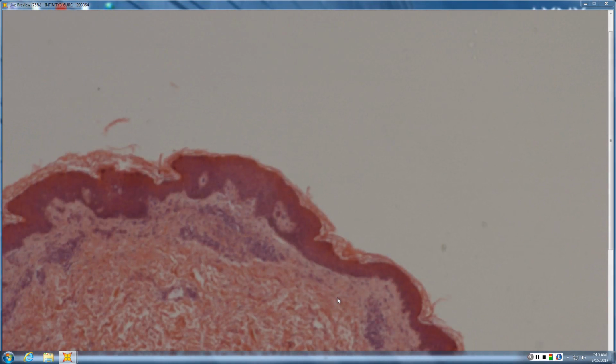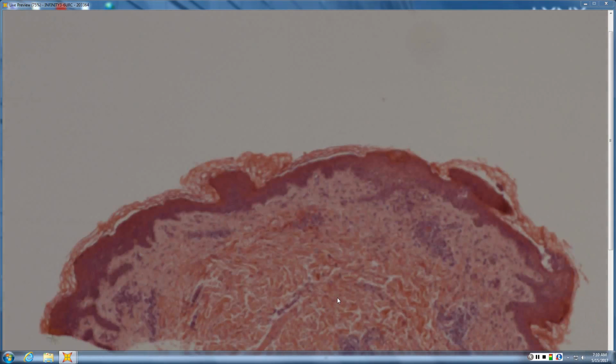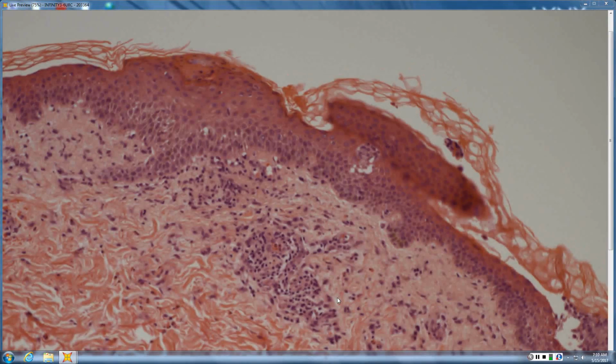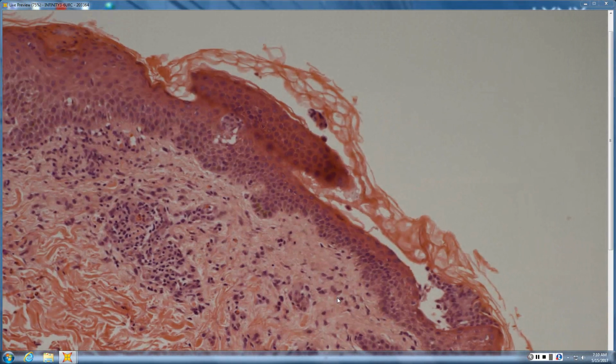There's sort of this mixed, or actually I'd say predominantly lymphocytic, maybe lymphohistiocytic infiltrate that's perivascular, a little bit in the papillary dermis. There's some Langerhans cell granulomas, speaking to more of this sort of eruptive, slightly eczematous eruption. So it's pretty nonspecific.